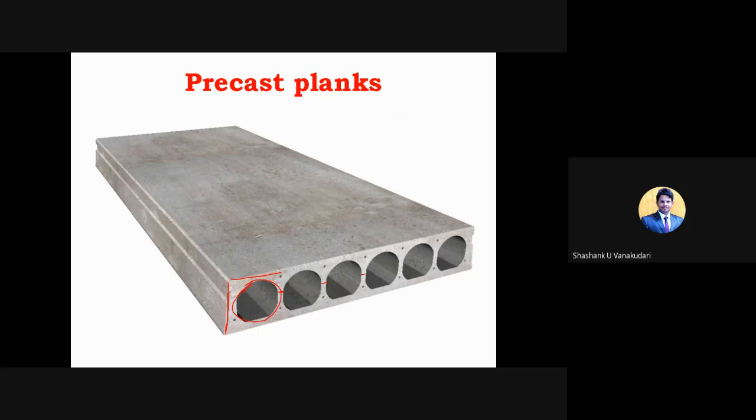Basically, the thickness of slab remains the same for most buildings, so they are available in standard sizes with respect to thickness as well as length of the member, the total length from here to here. They are manufactured with fixed dimensions.